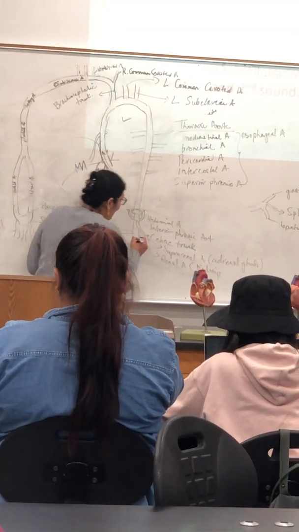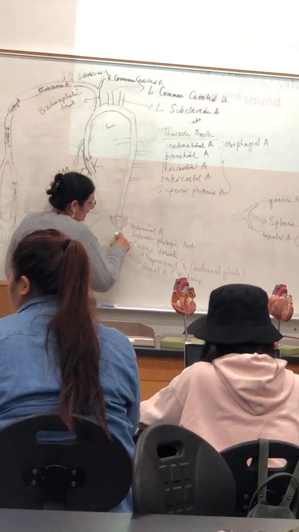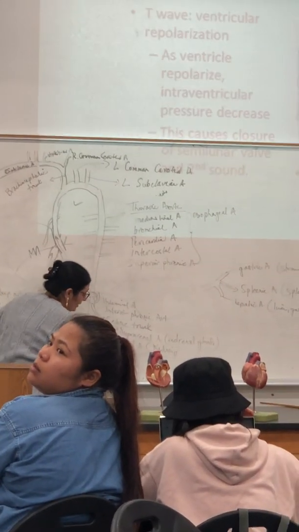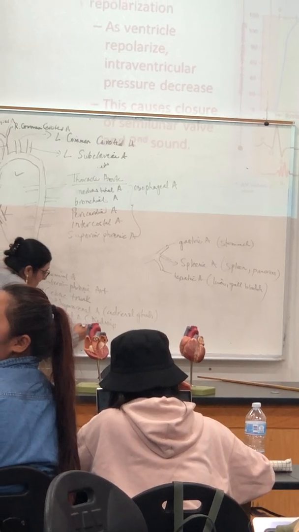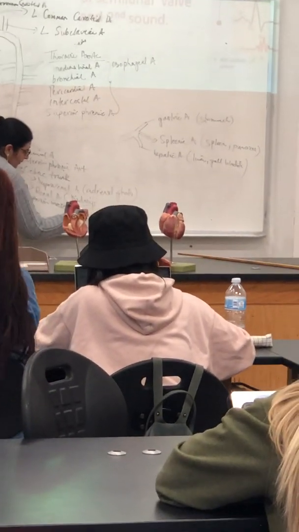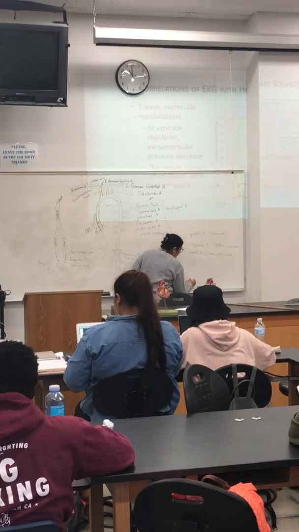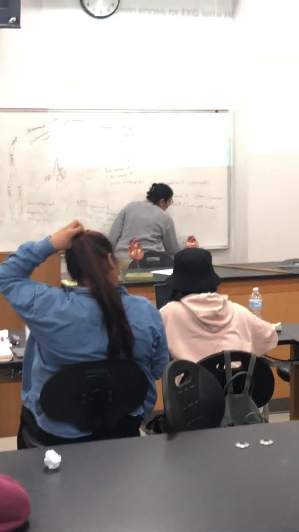Then you have another branch, a single artery. Like the celiac trunk, this is a single artery, known as the superior mesenteric artery. And this superior mesenteric artery will supply blood to the small intestine and the proximal part of the large intestine.